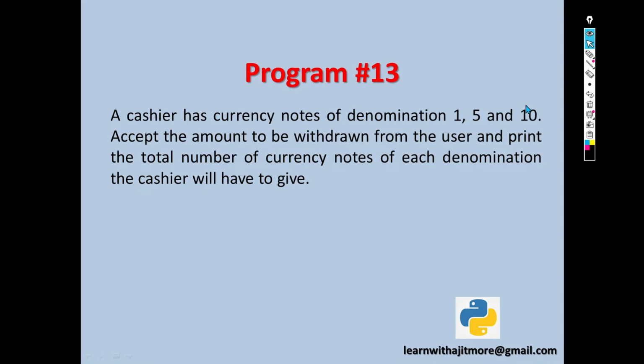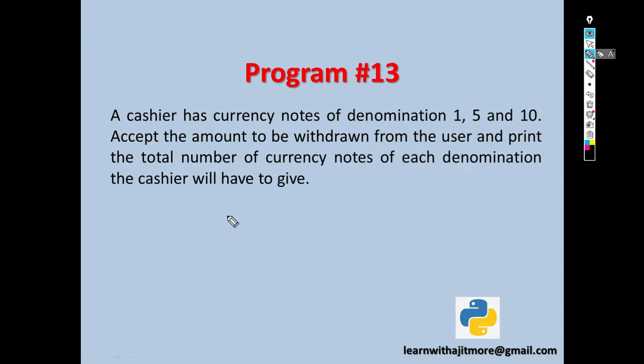The count is unlimited, you don't bother. But the value of that note is 10 rupee, 5 rupee, 1 rupee. Accept the amount to be withdrawn from the user. You have to take the amount from the user and print how many currency notes of each denomination that person will get from the cashier.